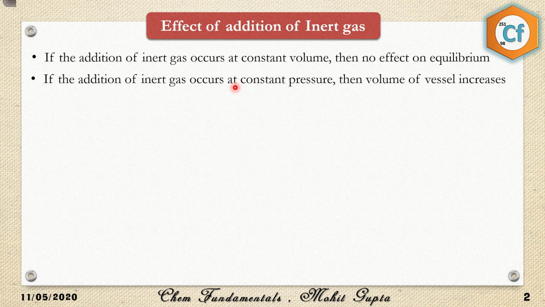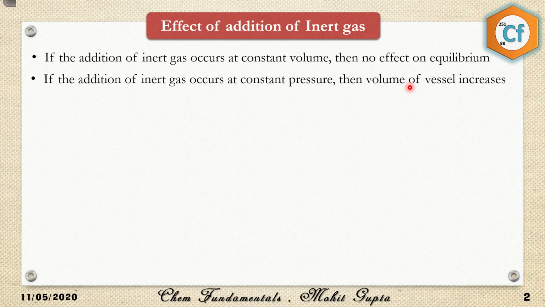Now, to make the pressure constant, the pressure inside the chamber and the pressure outside the chamber need to be the same. So in this case, the internal pressure increases, due to which the chamber expands, and on expansion the volume increases. However, the internal pressure becomes equal to the external pressure.